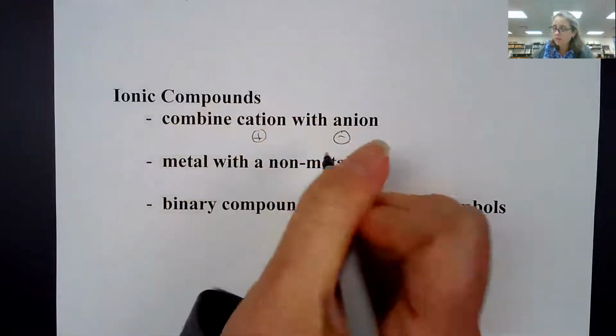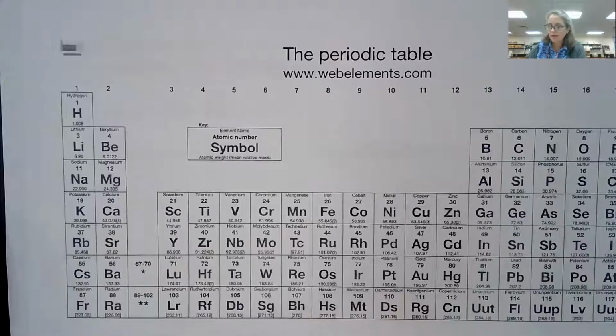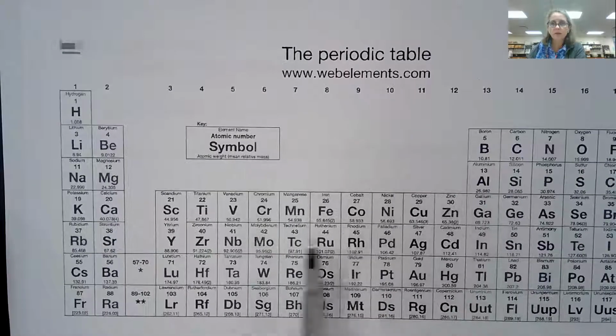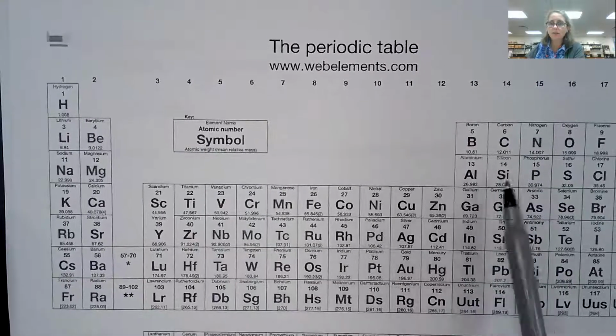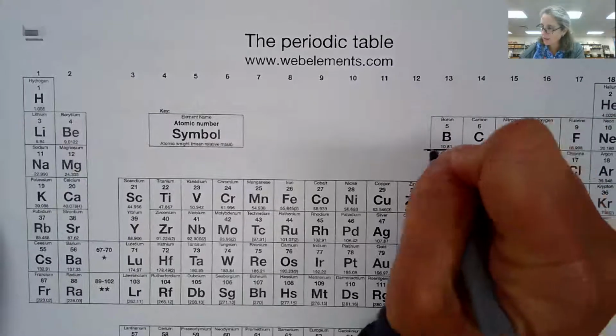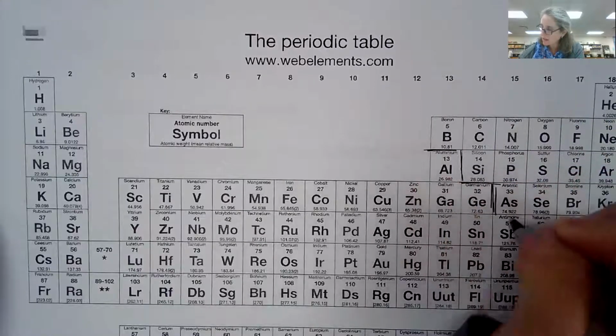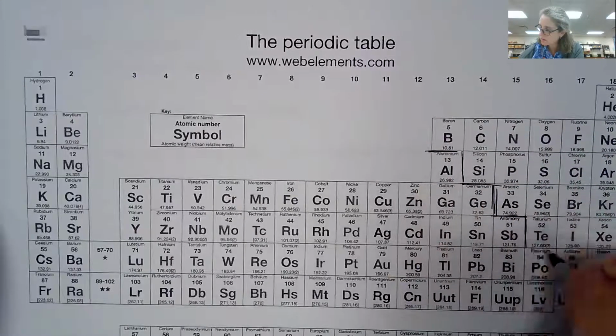Metals are going to combine with non-metals. So when we look at a periodic table, we could classify things based on where they are on the periodic table. If you have your periodic table, the things on the left-hand side are metals. The things on the right-hand side of the periodic table are considered non-metals. There is a dividing line that you could draw, where aluminum is, and it's kind of a staircase.